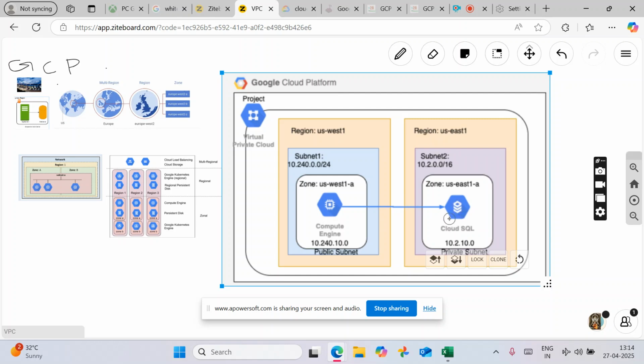So these are two services, one for Cloud SQL and the other for Compute Engine. And as we know, the data center, which is a physical location, is called a zone here, and your GCP resources are available inside a zone.